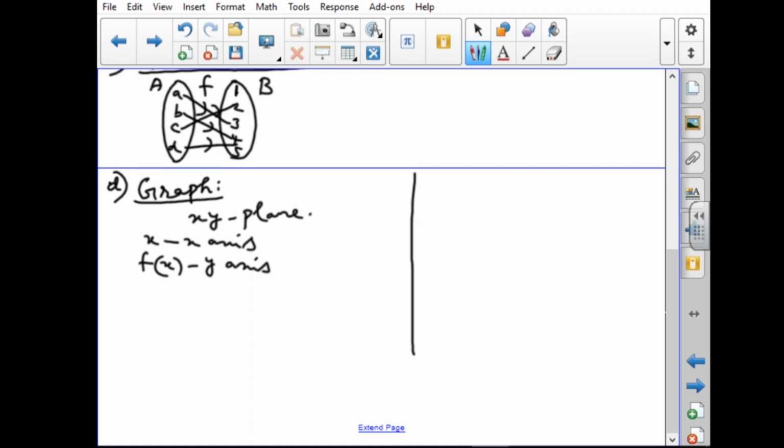Normally we take the x-axis and y-axis. This side positive points, this side negative points. Like that we represent the elements in the graph.